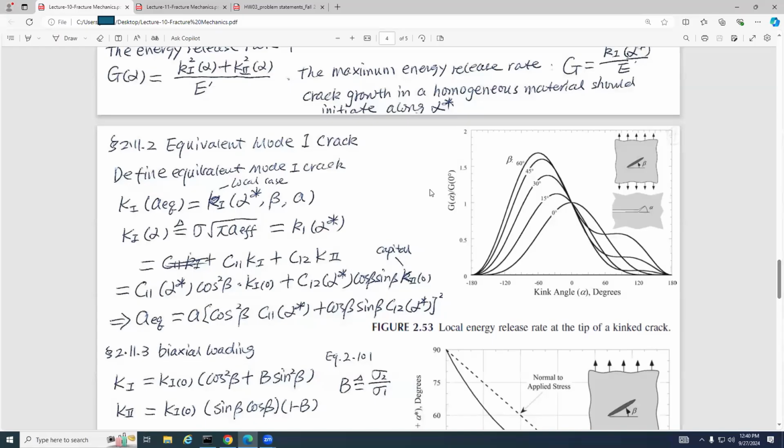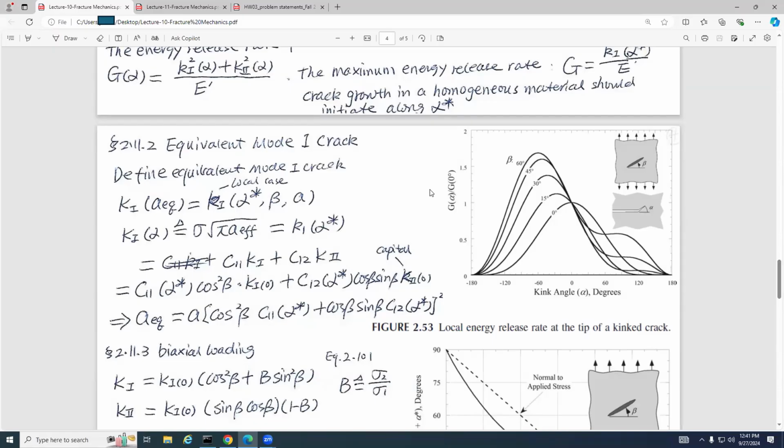So you can just plug in. This is the lowercase k1, which equals k11 K1 plus k12 K2, and you just plug in, right? Keep in mind this is a capital, which is for the major crack. So this is also K1. Keep in mind, guys, capital K means the stress intensity factor for the main crack. Lowercase k is the stress intensity factor for the kink. You understand that?